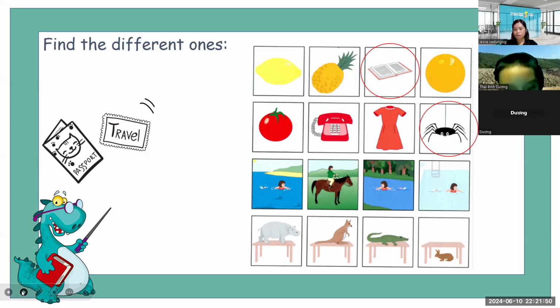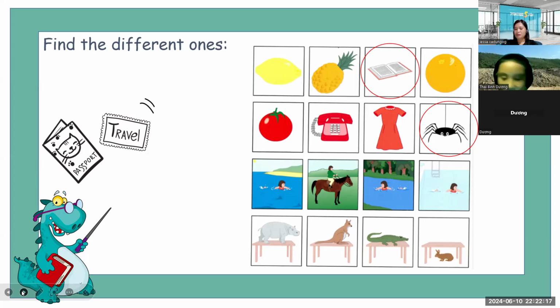Can you tell teacher why you think the spider is different? Because the spider is an animal. Oh, is it an animal? The spider is an insect. And what else? The dress, the phone, and the tomato are things.